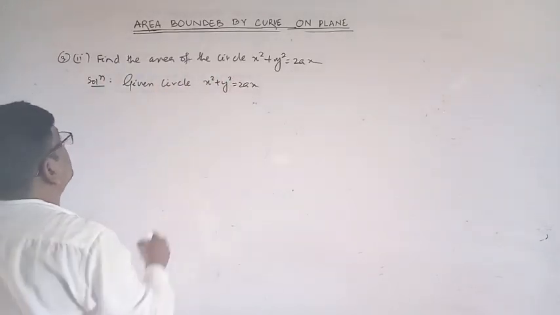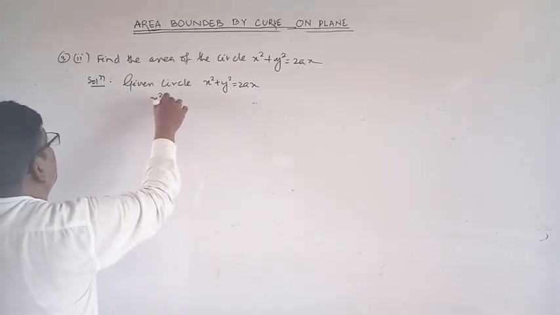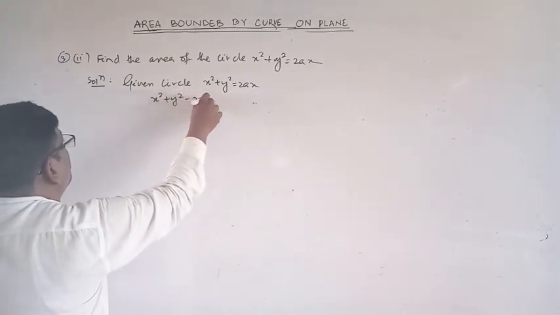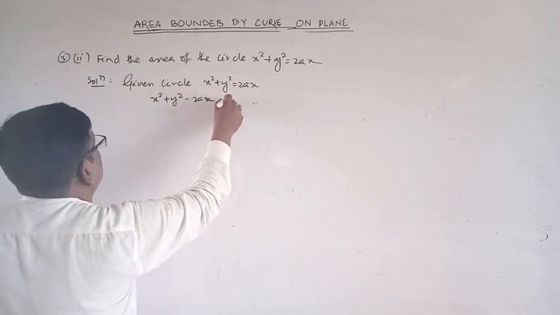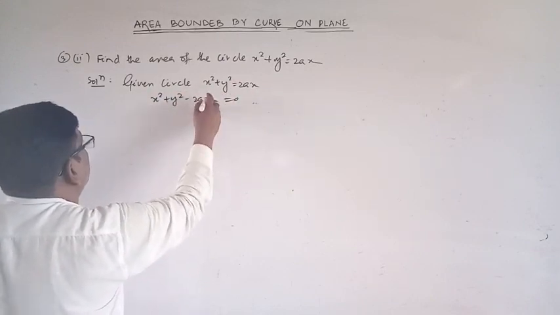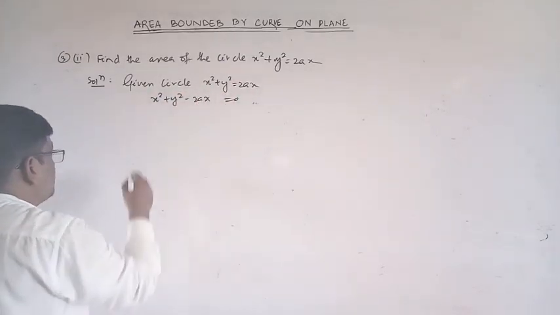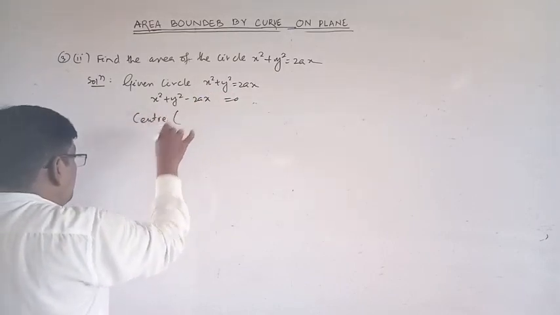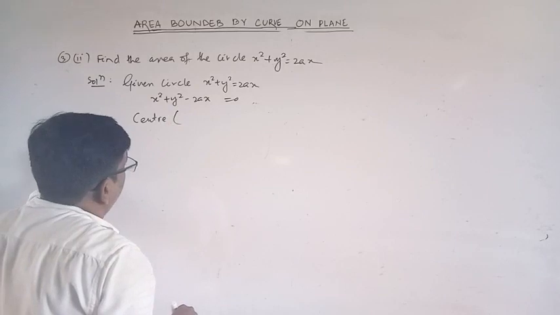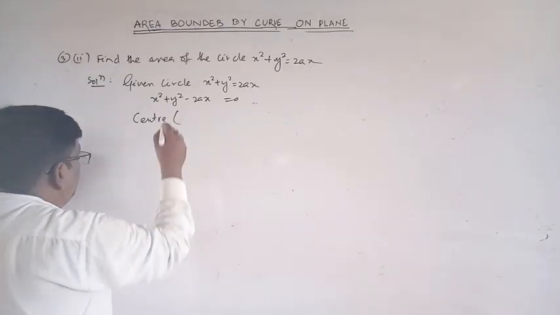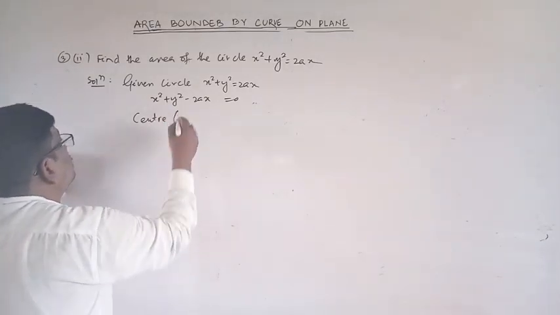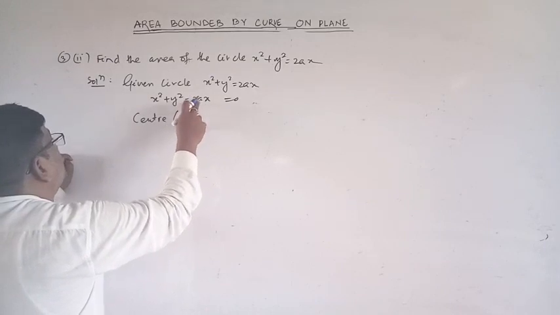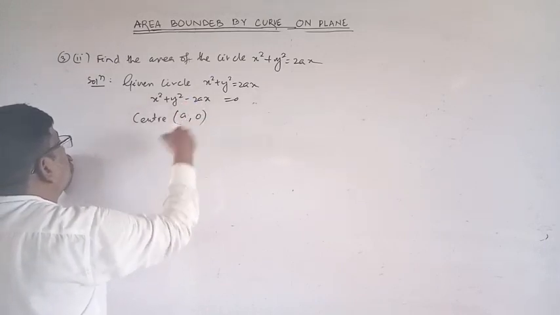That implies x square plus y square minus 2ax is equal to 0. So center is, formula, center is equal to (minus g, minus f). So center is (a, 0).